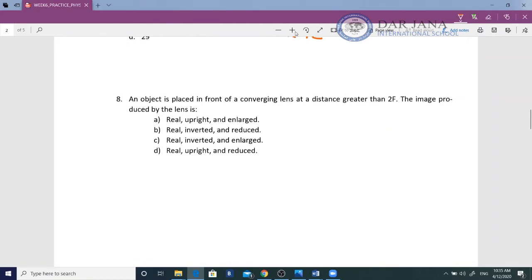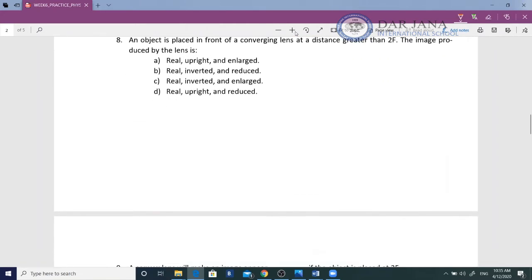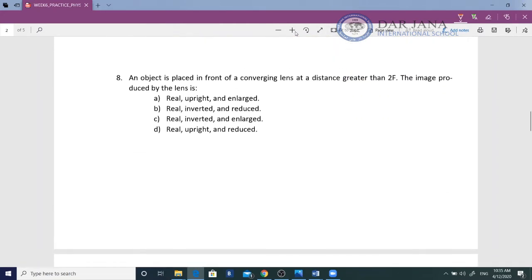Number 8, now we go to lenses. An object is placed in front of a converging lens. Just remember, this is the shape of the converging lens. It's at a distance greater than 2f.